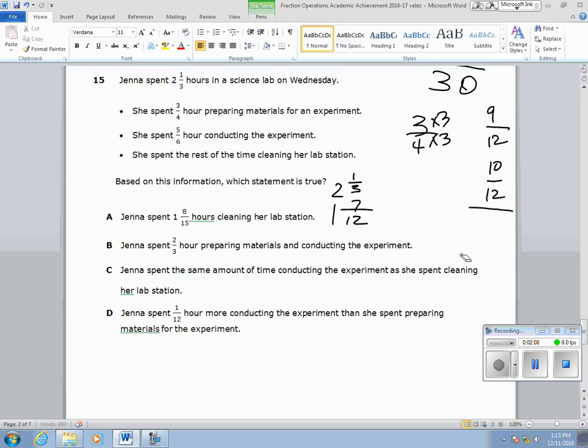12 is looking at us in the face, so we are going to keep that as the denominator. 3 times 4 and 4 times 1, that will be 4 over 12. We know that that cannot be subtracted as is, so we need to borrow from the 2 and regroup. So that'll give you a 1 there.